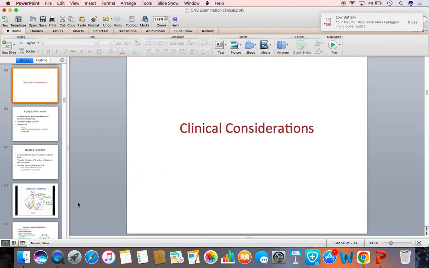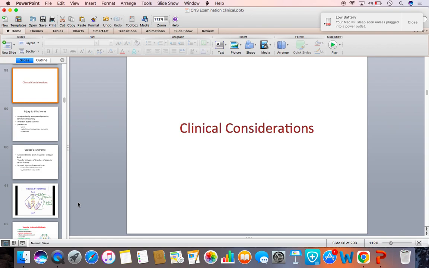This is a brief note on the anatomical considerations of the oculomotor nerve. Before we go to the clinical considerations, let us know about its blood supply. It is supplied by the branches of the upper part of the basilar artery.